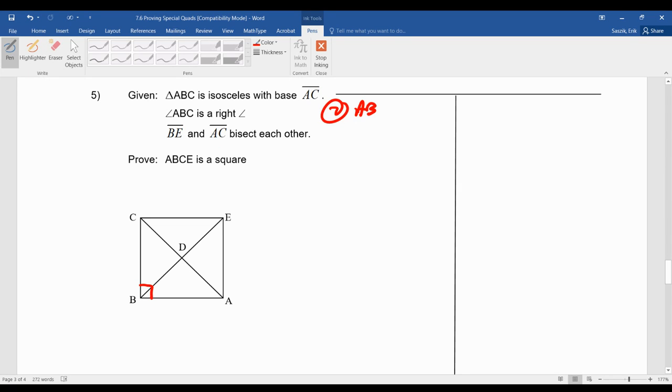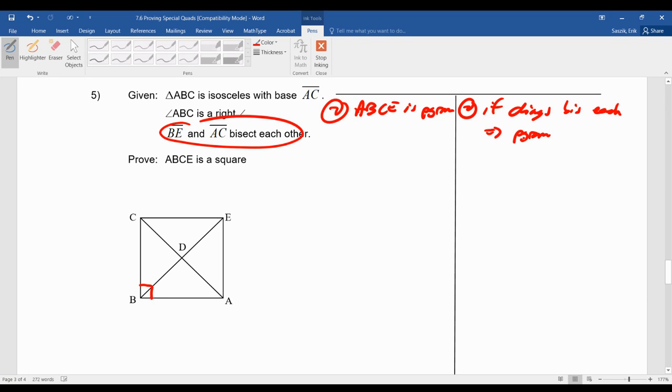Okay, so the fact that these bisect each other, right away, ABCE is a parallelogram. If diagonals bisect each other, then a parallelogram. Okay. Now, what else can we do? ABCE is a rectangle.